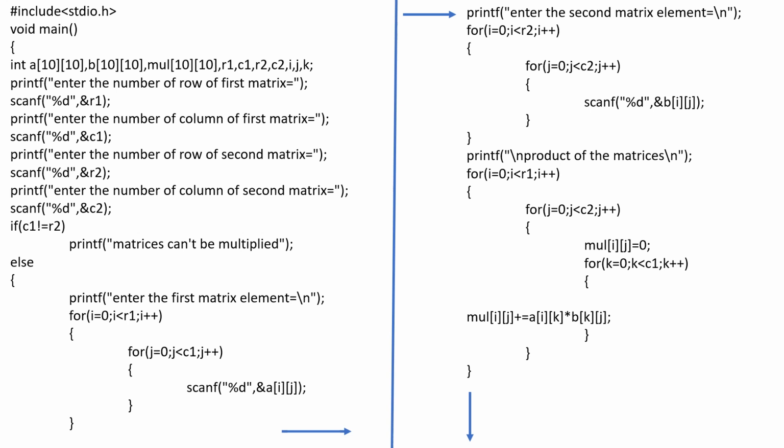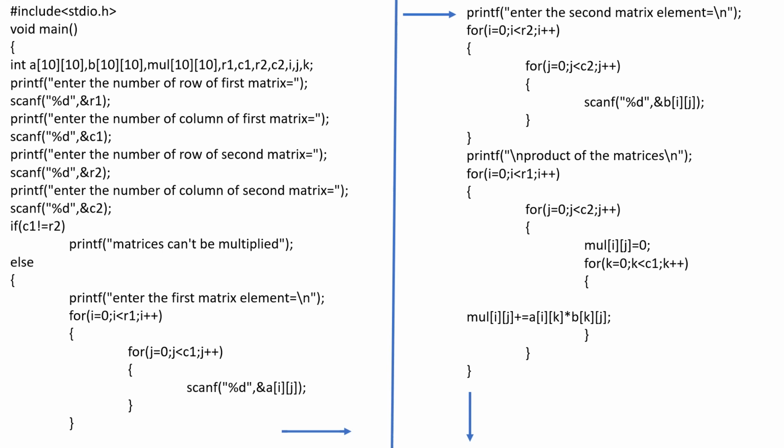If they are equal, we can perform multiplication. Otherwise, we can't perform multiplication. Then we just print that multiplication can't be performed and terminate the program. In the else condition, we perform all the remaining operations.